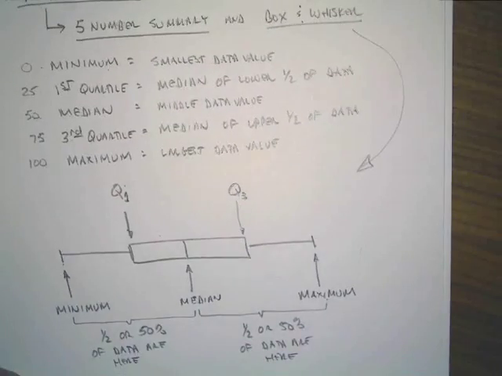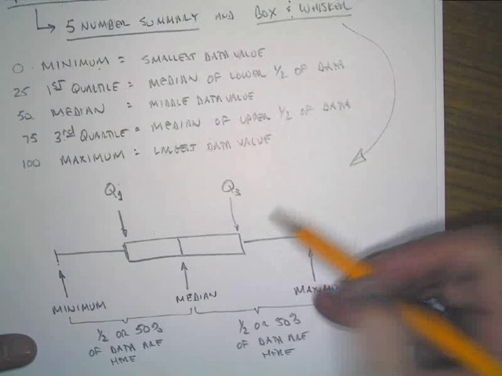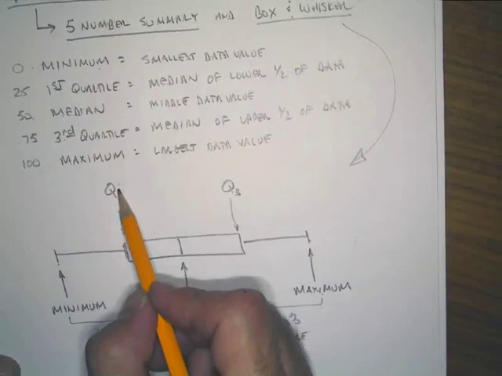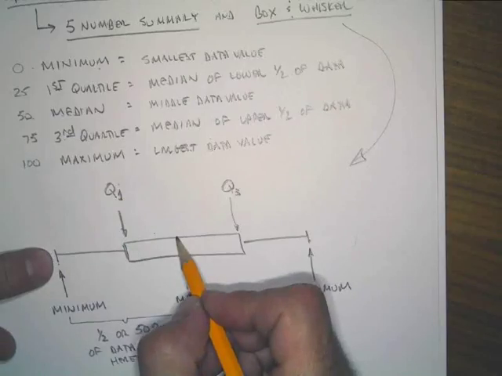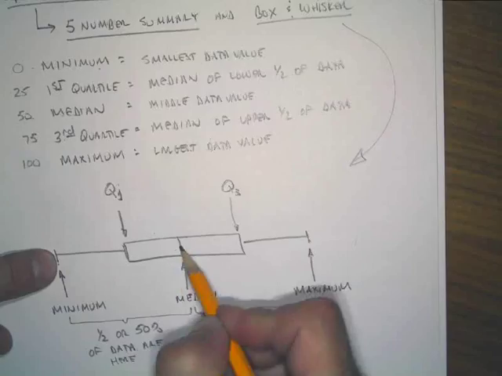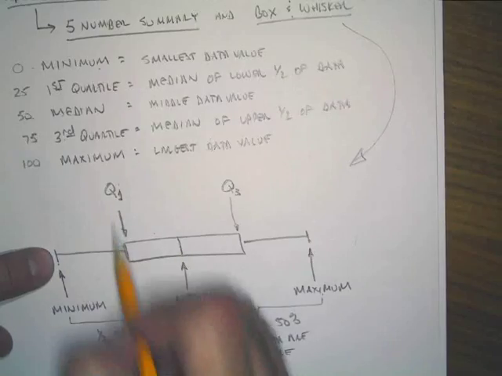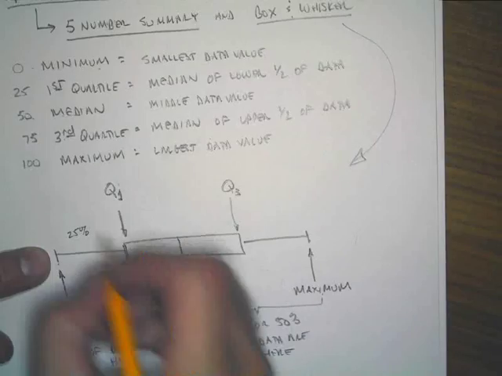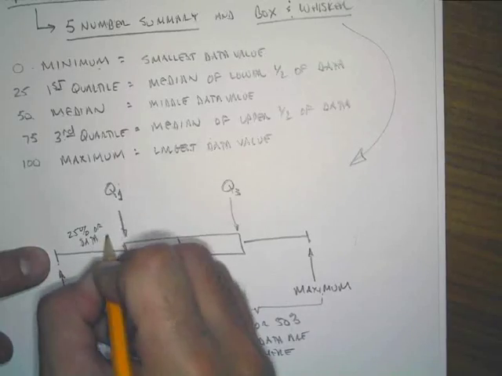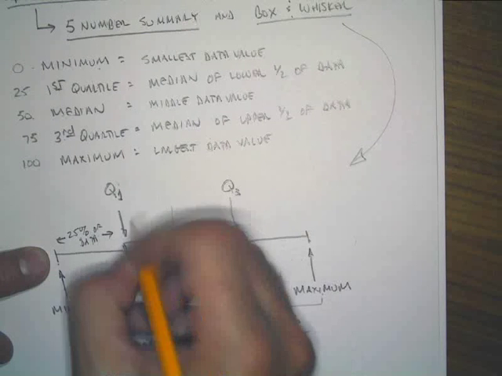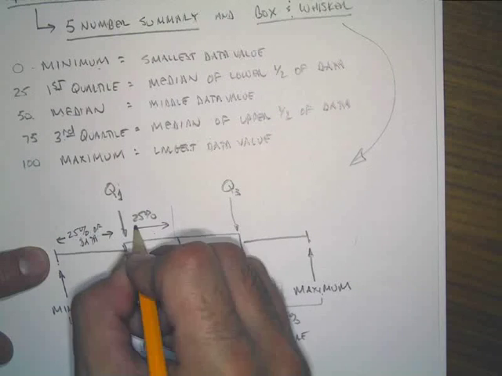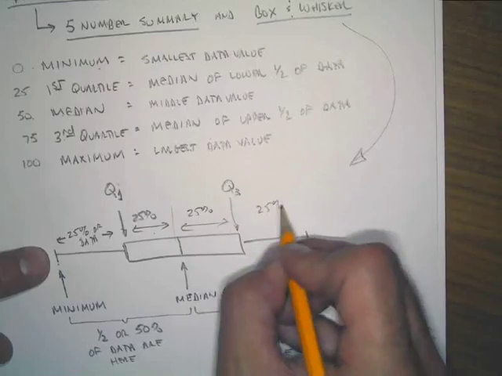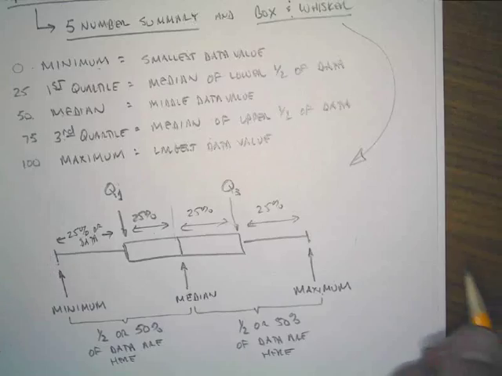Now, let's go to the other side. If we know that the first quartile is the median of the lower half of the data, and minimum to median is half, this is a quarter, well, this would be 25% of the data is here, and 25% would be there, and 25% of the data would be there, and 25% of the data would be there.